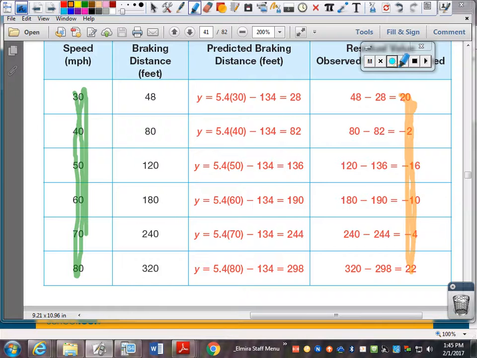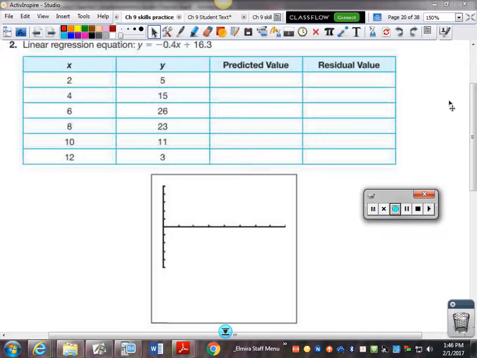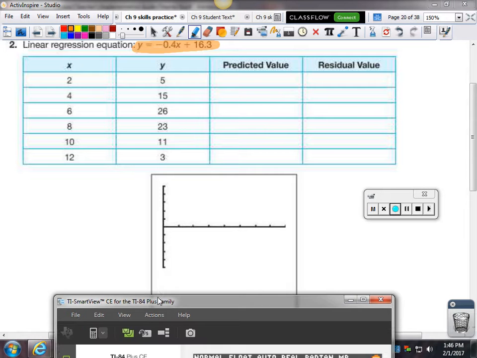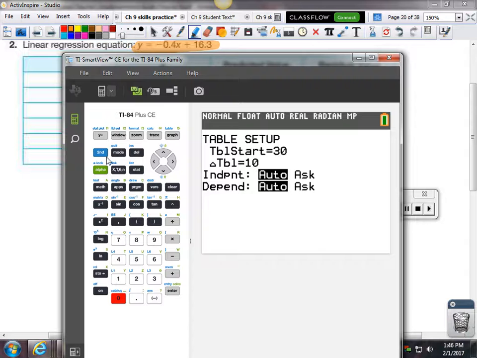Let's practice this on the homework. So this is number 2 on the 9.3 homework. Now one thing you don't have to do is find the linear regression equation because it gives that to you. What you are going to do is open your calculator, and I'm going to clear the memory out of mine.